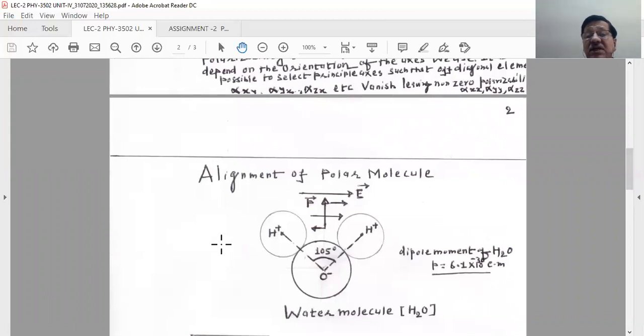I mean to say that the molecule in which the center of mass of the positive charges and the center of mass of the negative charges do not coincide at the same point. Such molecules are treated as polar molecules.